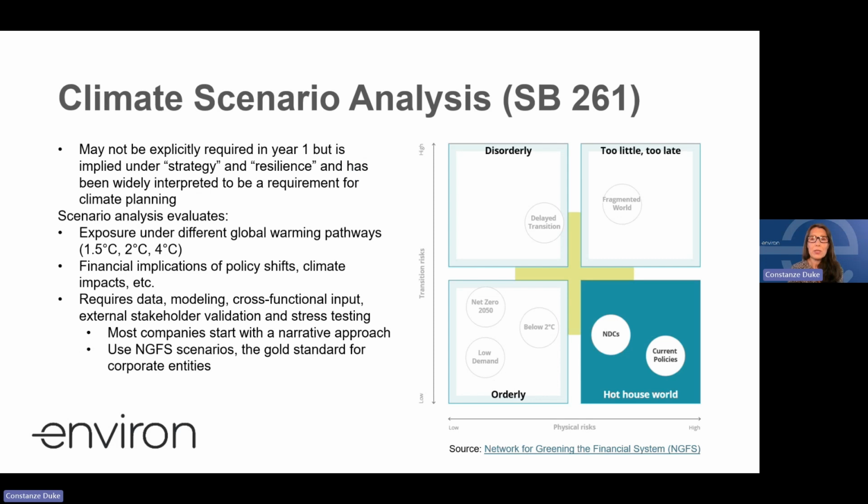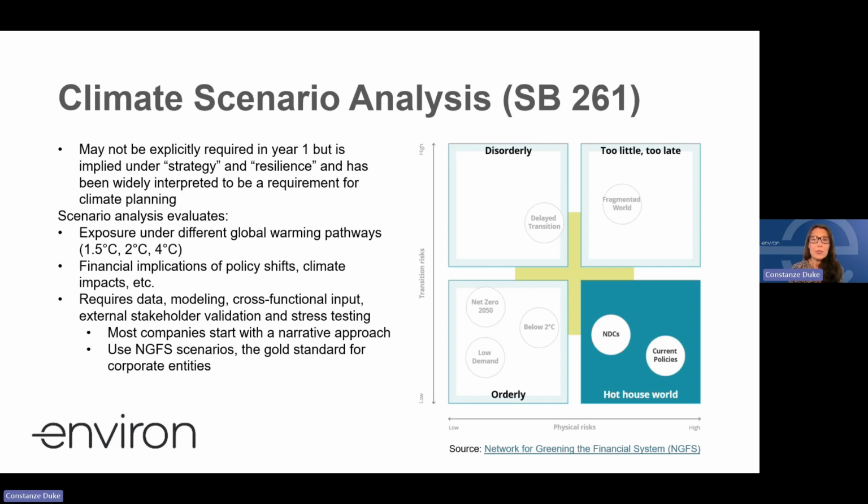We do get quite a few questions about climate scenario analysis and whether that is required. Climate scenario analysis is a tool for stress testing organizational resilience under various plausible climate futures, and it is explicitly called out in the strategy pillar of the TCFD framework.